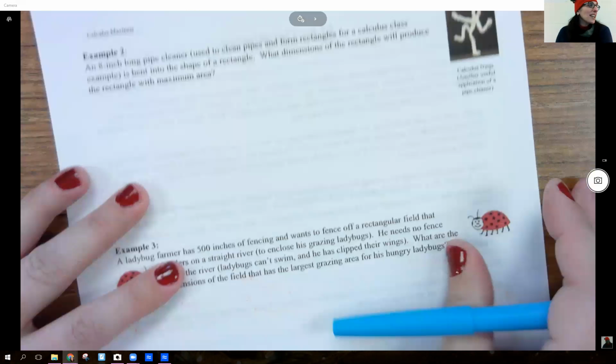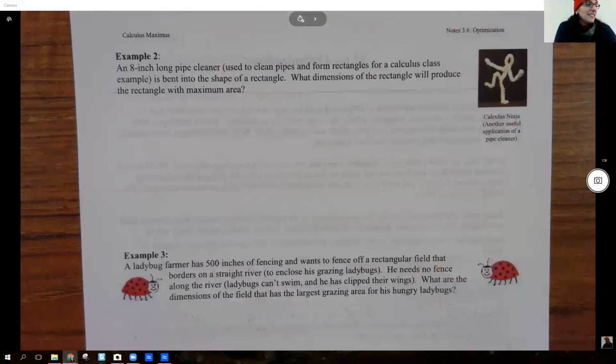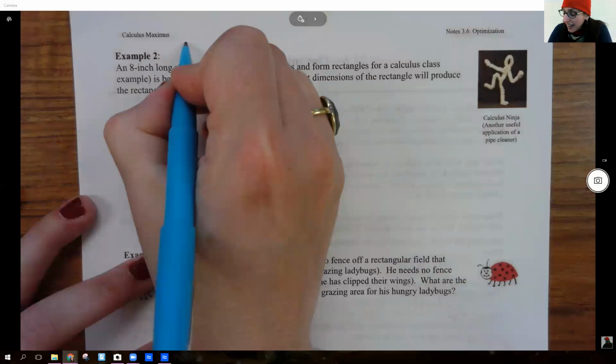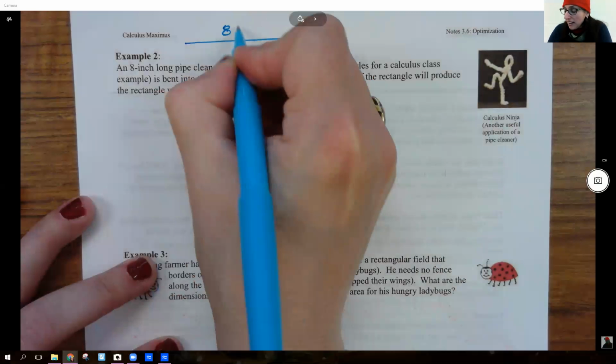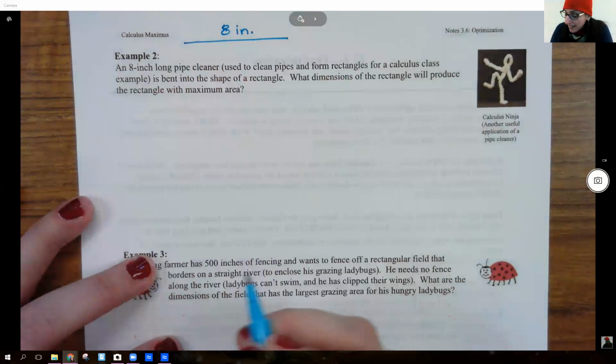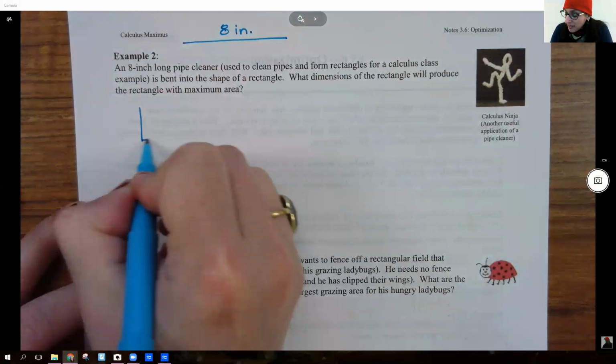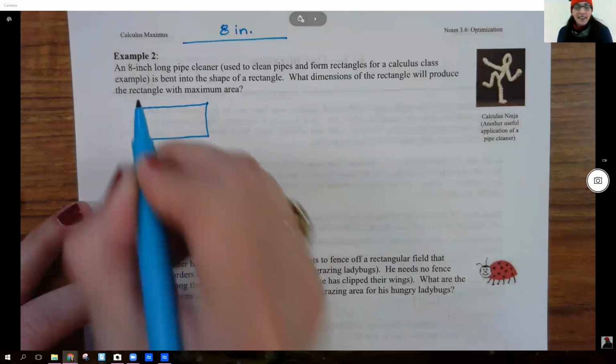All right, so let's look at example number 2. So this is like where the geometry is coming back to visit. So we have an 8-inch long pipe cleaner, and it's bent into the shape of a rectangle. So they've got like this 8-inch long pipe cleaner, and they're gonna bend it so that it does this, okay?